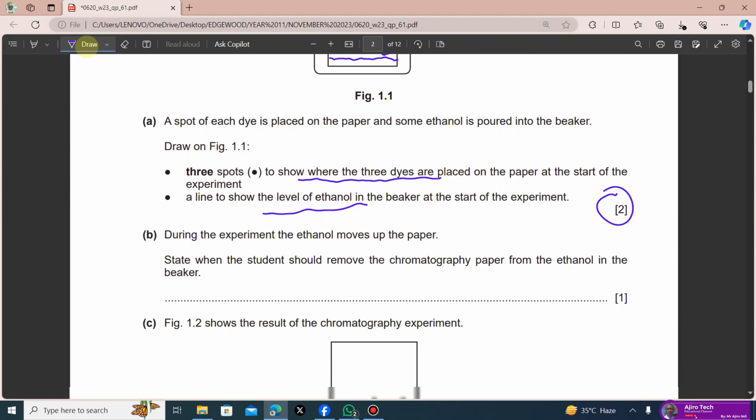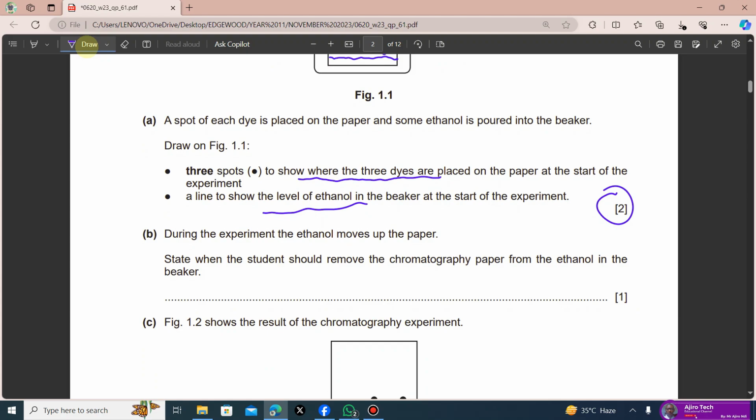So move forward to the next one. It says during the experiment, ethanol moves up the paper. State when the student should remove the chromatography paper from the ethanol in the beaker.